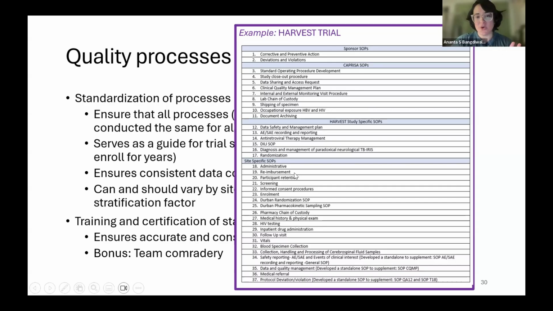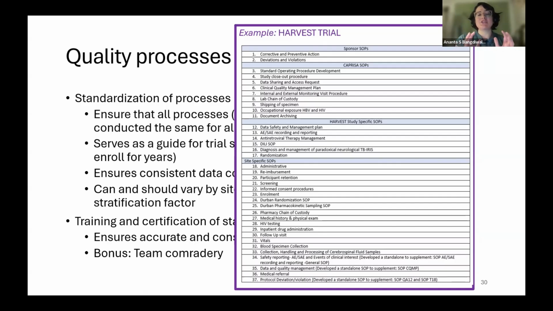But then down this lower section here is site-specific SOPs, right? So the overarching study only specified 6 SOPs, and then the sites were empowered to create their own way of documenting medical history and the physical exam, conducting those, their own way of HIV testing, their own way of collecting blood specimens and storing them, those kinds of things.